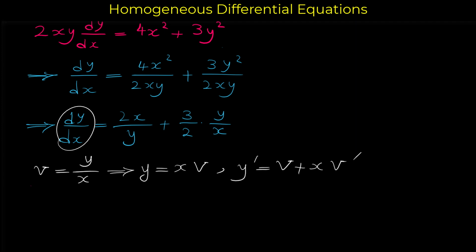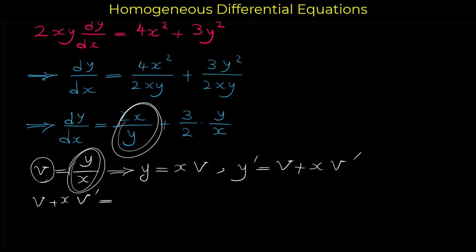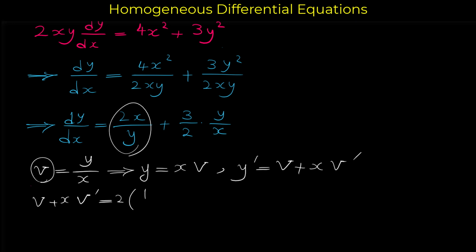Now if we replace this y prime with this, we have v plus x v prime equals, again note that because we suppose y over x to be v, x over y is the reciprocal of y over x, which is 1 over v. So we can replace this with 2 times 1 over v, or 2 over v, plus 3 over 2 times v, because y over x is v.